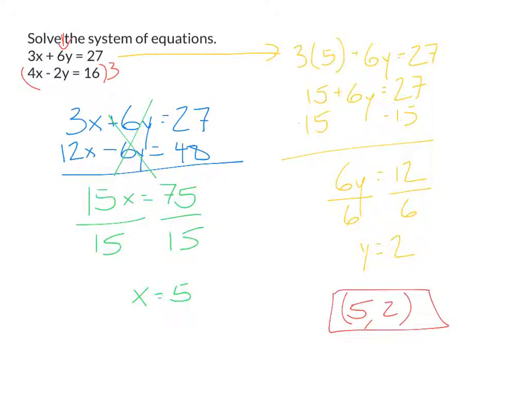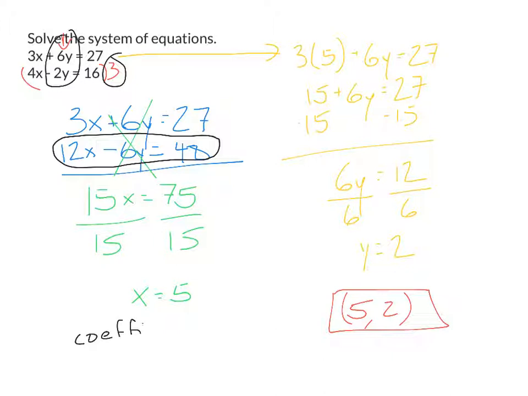So just to talk more about this, how did I come up with this bottom equation, or rather, why did I pick the number 3 to multiply? It has to do with noticing that negative 2 times 3 makes negative 6. And I want my coefficients to be opposite of each other so that I can cancel them.